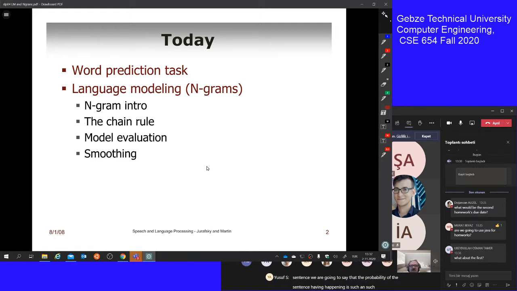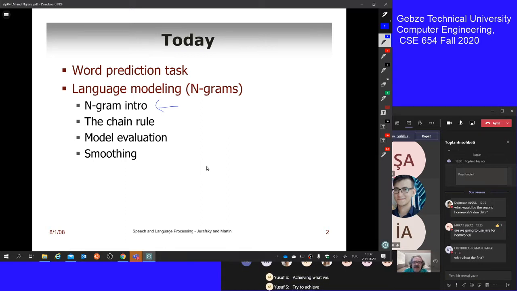So for that, we are going to use n-grams. For the n-grams, we will see that things are not turning out to be very well for the straightforward implementation. So we are going to make some assumptions using the chain rule and the Markov assumption, and then at the end we will see how we did in terms of achieving what we tried to achieve.